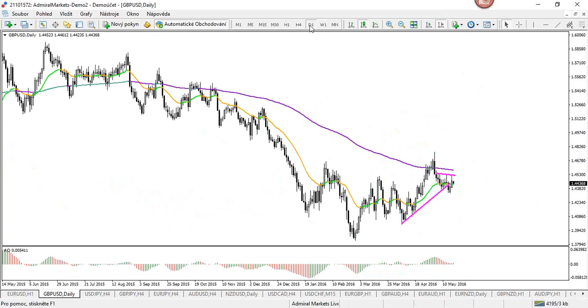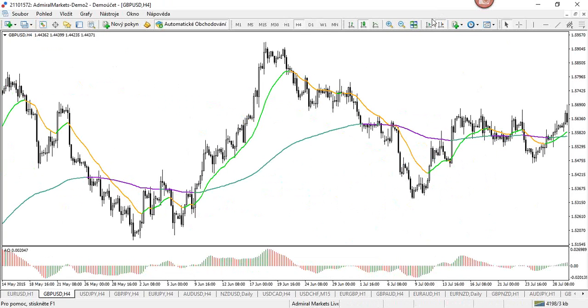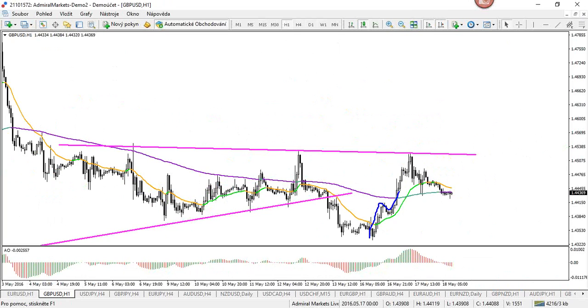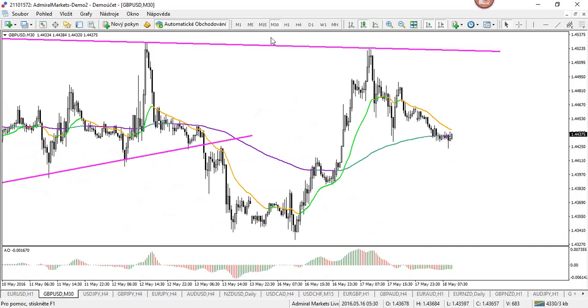From this perspective, it's very much squeezed into two different ways, and depending on how it breaks out, it can go all ways, I think. We do have momentum, but it could be an ABC zigzag as well. So I am really going to be cautious with this pound at this moment.